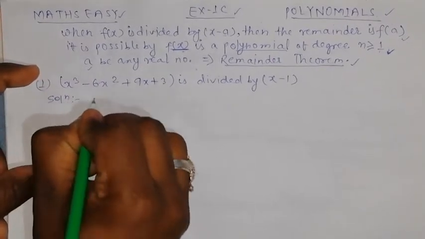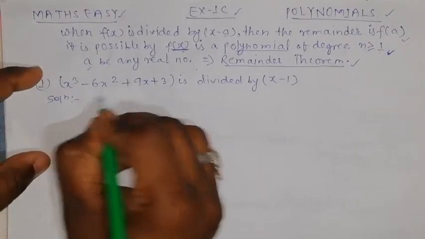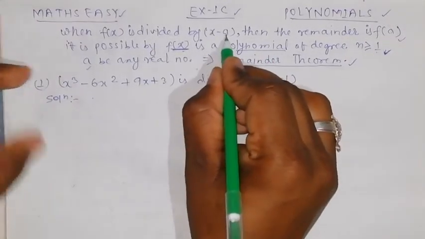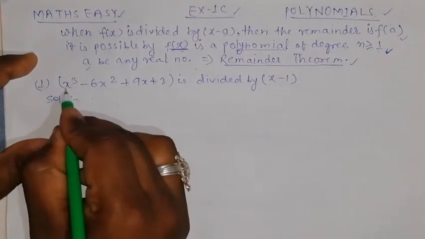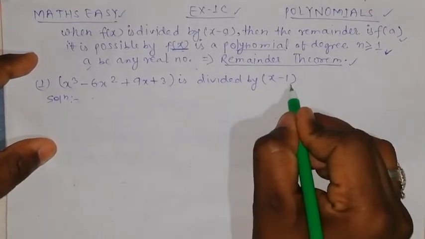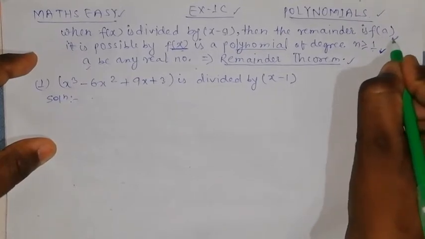Then what is the solution? The solution is, when a polynomial, meaning a function of x, is divided by x minus a, then f(a) is the remainder.